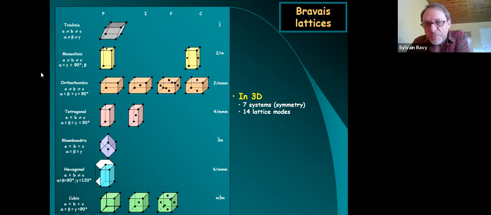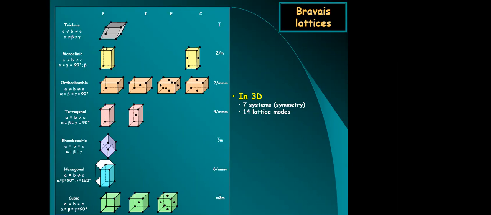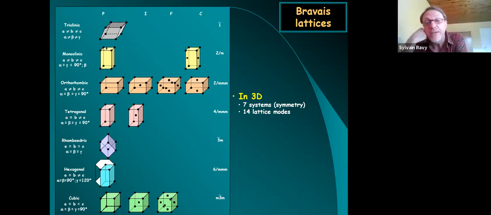Good question. Yes, good question. I don't know how to answer mathematically. They represent 2 different lattices for sure, and they have the same symmetry. They have exactly the same symmetry. Well, I don't know. I have to think.